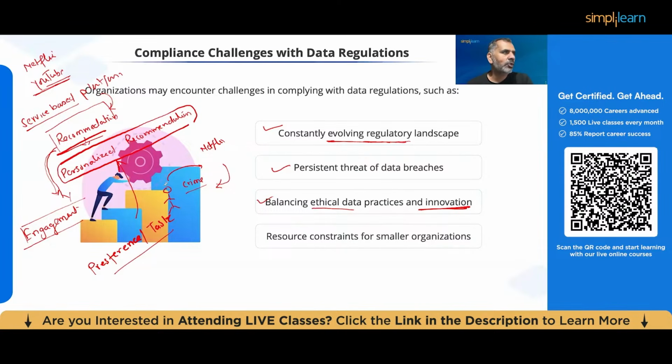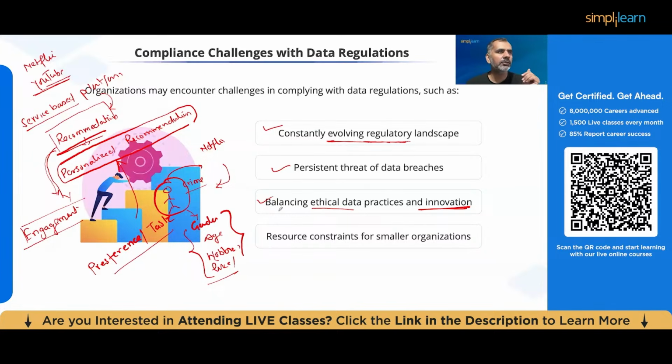If I want to know more about this user, I have to collect personal information: gender, age group, hobbies, dislikes, and so on. Whenever I start to collect such information, I am getting personal information about the user.